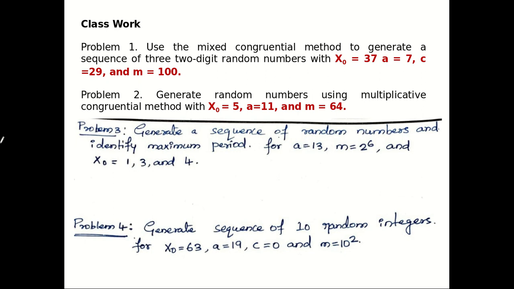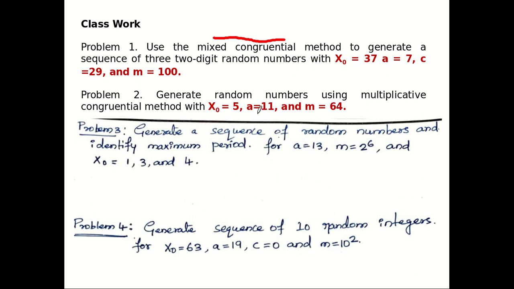So consider the following problem statements and generate a sequence of random numbers. In this problem statement you have to use the mixed congruential method and generate a sequence of random numbers. Here they haven't asked how many random numbers to generate, so you have to generate random numbers from x0 to m minus 1.